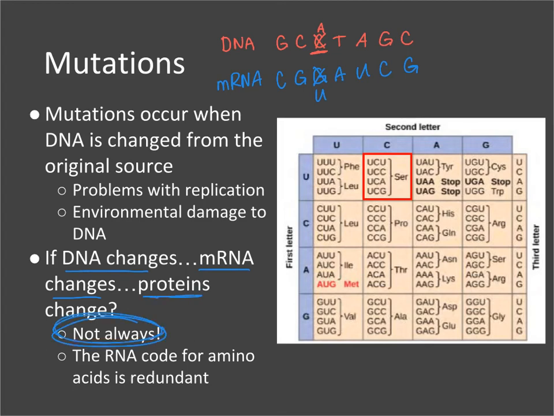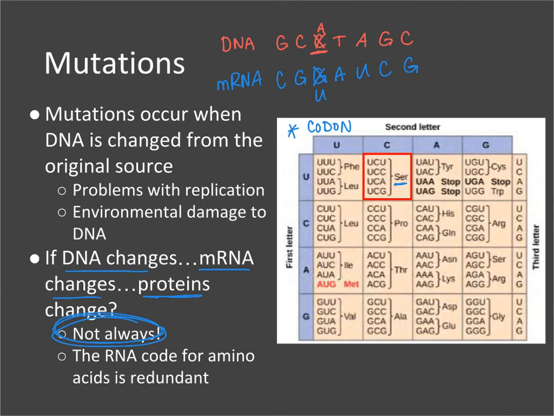And that's because if we look at our chart over here, so this is our codon chart for our amino acids, and you'll notice that multiple codons might end up with the same amino acid. So depending on where the mutation occurs and which nucleotide gets changed to which other nucleotide, sometimes it doesn't end up changing the end result of the protein.